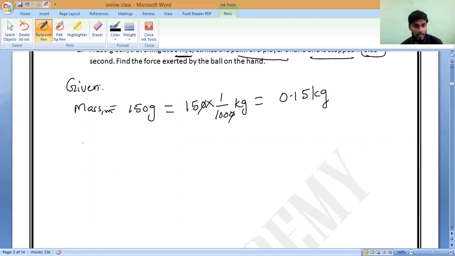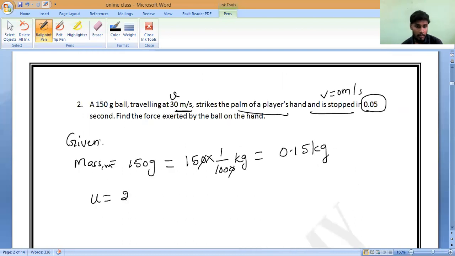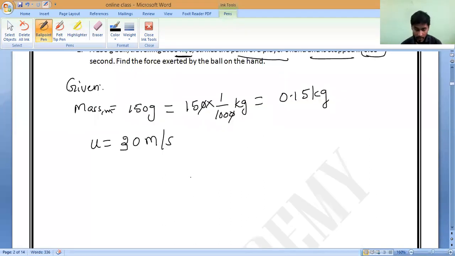Next, initial velocity U equals 30 meter per second. Next one, what they are asking? Final velocity V equals 0 meter per second.